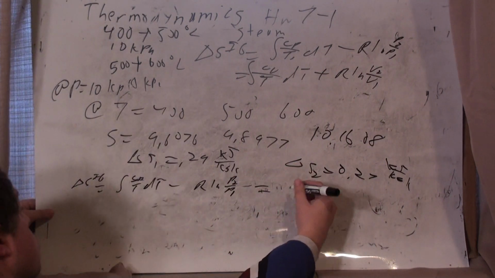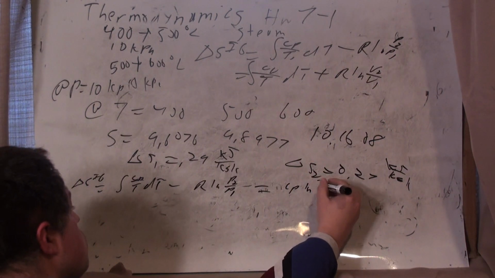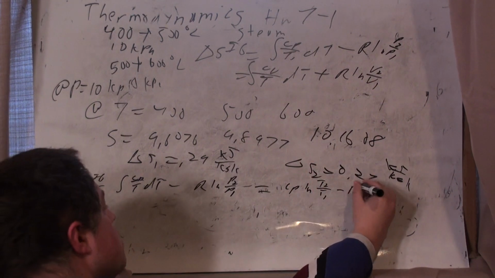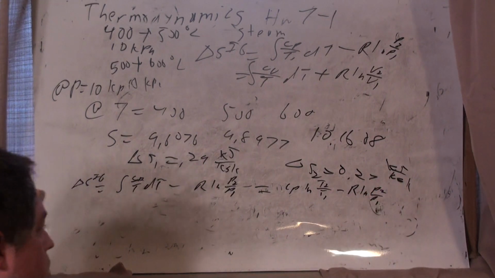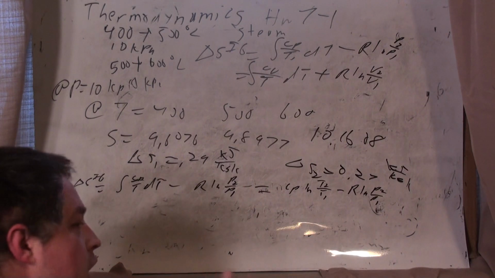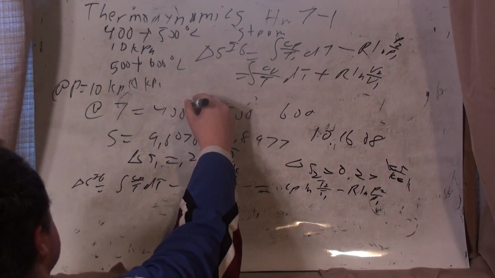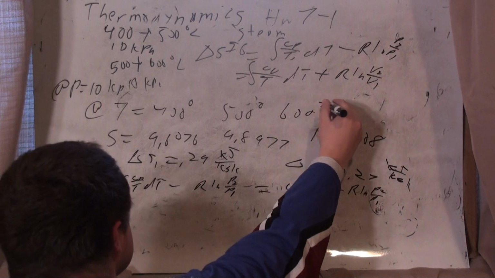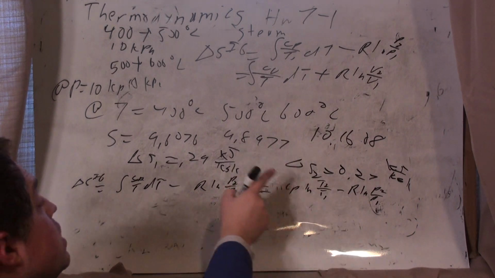This is going to equal Cp natural log of T2 over T1 minus R natural log of P2 over P1. Okay. And then I'm just going to plug things in. Now the thing to note here, though, is that these are in degrees Celsius. I repeat, I cannot use degrees Celsius in this formula.